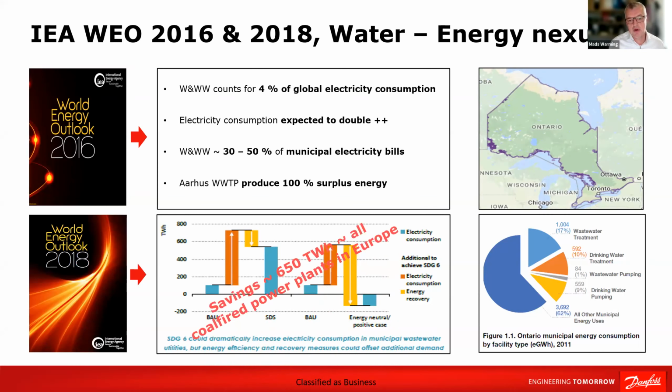The end of that story is that the difference would be 650 terawatts, which may not say a lot. But if I now tell you that the savings would be equivalent to all the energy coming out of all coal power plants in Europe, then we put it a little bit in perspective that this can be a major contributor.